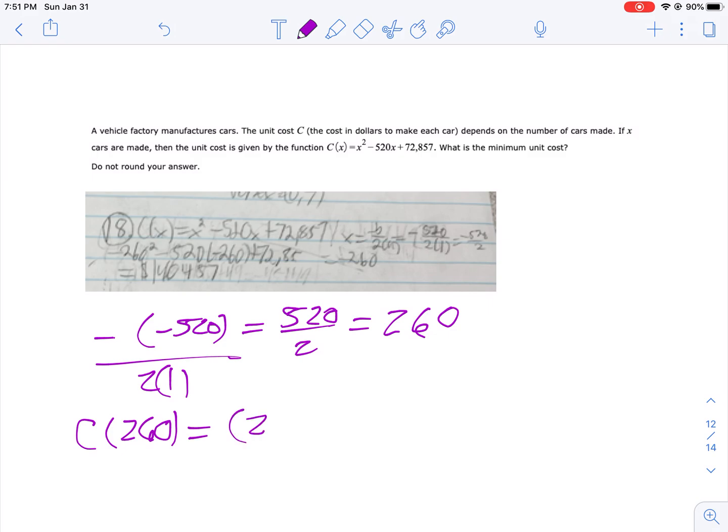So we have 260 squared minus 520 times 260 plus 72,857. I think we'll use a calculator for this.